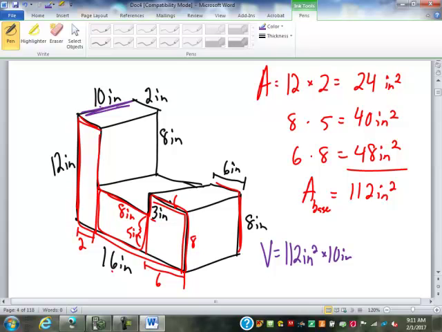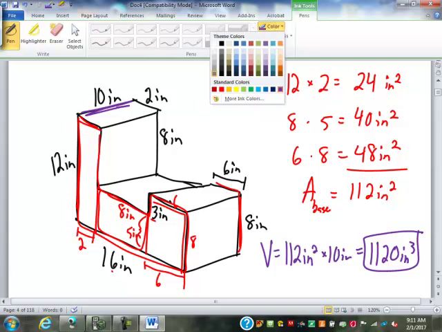So it's kind of defined as the distance between bases, is the 10 inches. So this volume is 1,120 inches cubed. Does that make sense? Yeah. Technically if you tip this over so that the base was on bottom, that is a height. But the base doesn't always end up starting out on bottom.